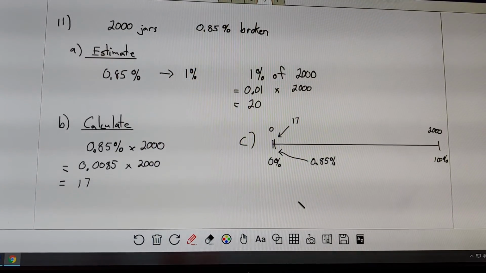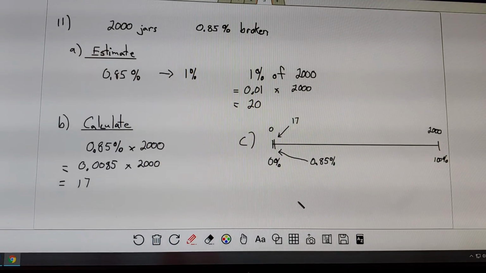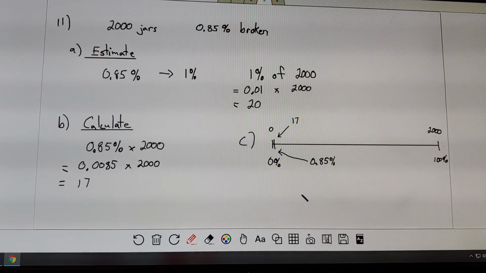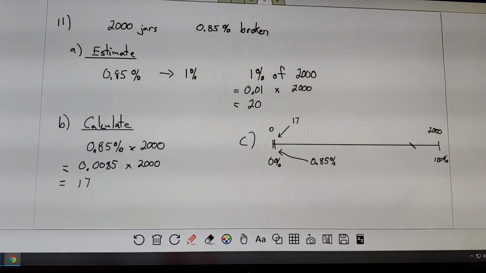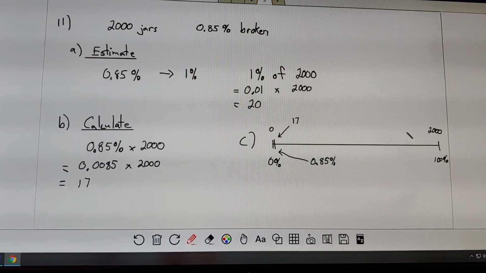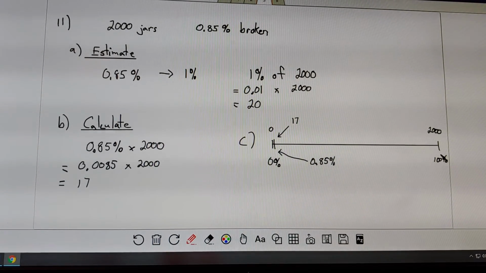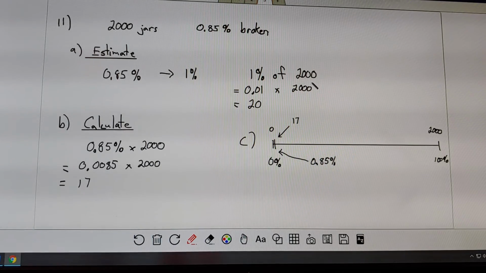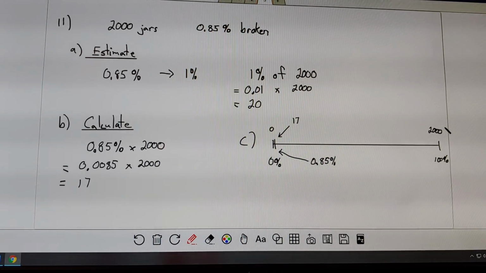And Part C asked us to show it on a number line again. So, same thing. I drew a line. I put down the beginning, 0 and 0%. I went down to the end, 100%. What represents all of it in this case? The 2,000 jars. Okay?